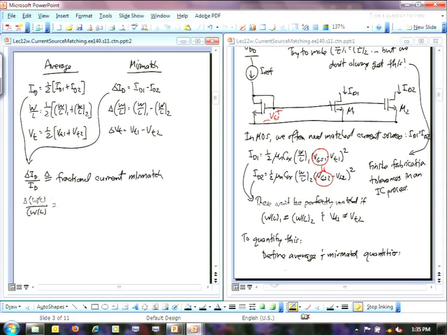Now I'm going to start killing some things off because they're going to be small. How much of a difference are we talking about? VT is 0.7 volts, and there's going to be mismatches between the VTs of these two transistors, a VT1 and a VT2. Maybe one of them will be at 0.7 volts, maybe the other one's at 0.75 volts. They're not going to be mismatched by that much, but they'll be mismatched.